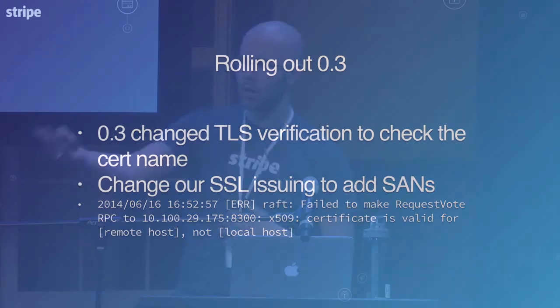So I'm trying to talk to a remote host, and I'm getting an error because the remote host certificate is valid for its host name and not for my host name. 0.3 had a bug as released, where if you used TLS, it would validate that every remote host that you talked to matched the local host name.